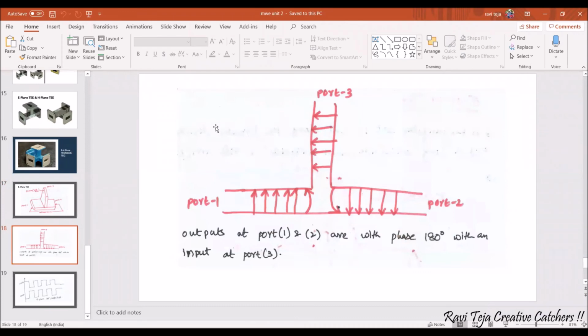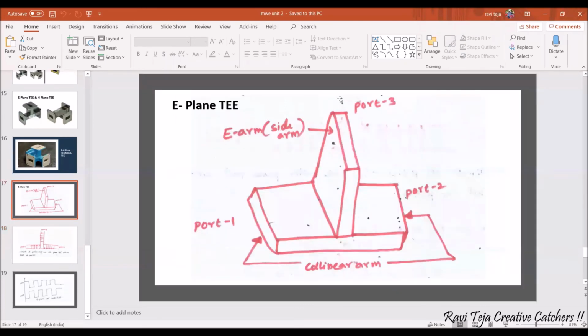So whenever we are using an E-plane T, we are bothered only about the electric field of a particular microwave waveguide or microwave junction. Whenever an electric field is traveling to that microwave junction, the signal will be sent through port 3 and received from port 1 as well as port 2 as outputs.